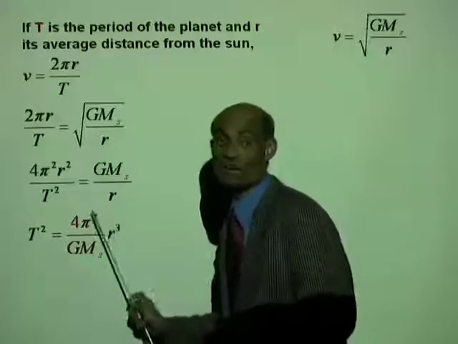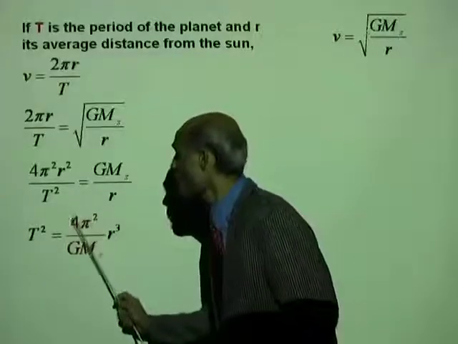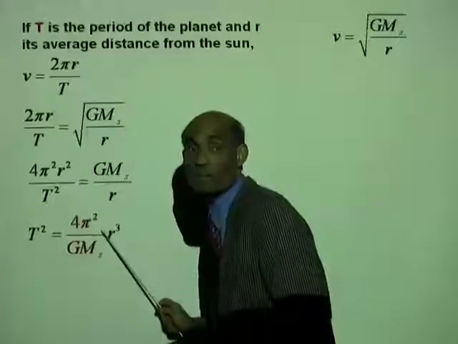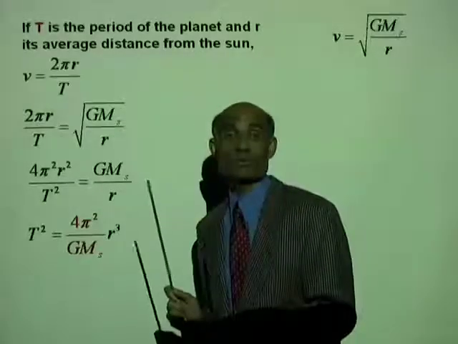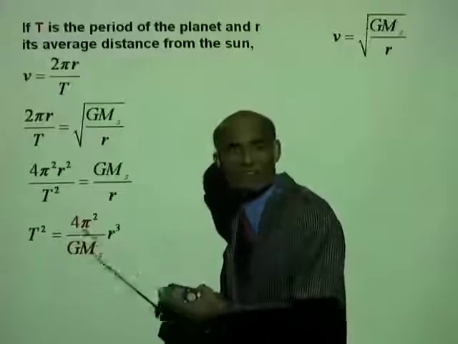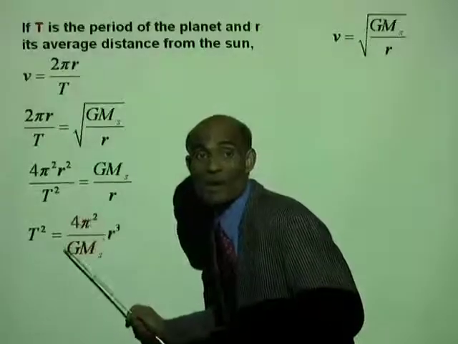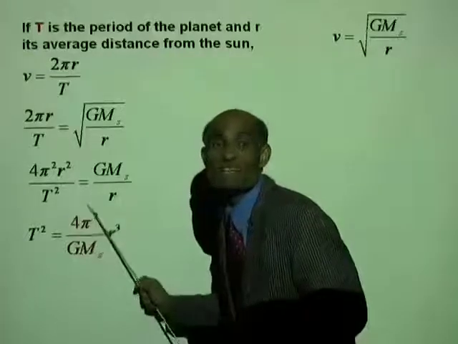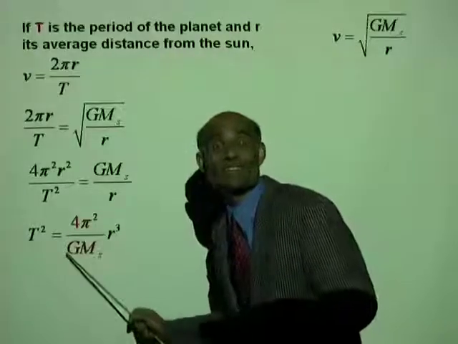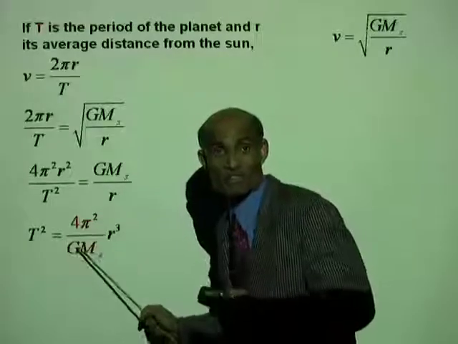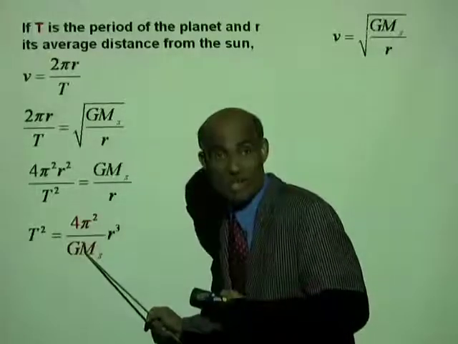And look at the way I wrote it. T squared is 4 pi squared over GMs multiplied by r cube. Why did I write it like this? Because 4 pi squared over GMs is a constant. G is the universal gravitational constant. Ms is the mass of the sun.